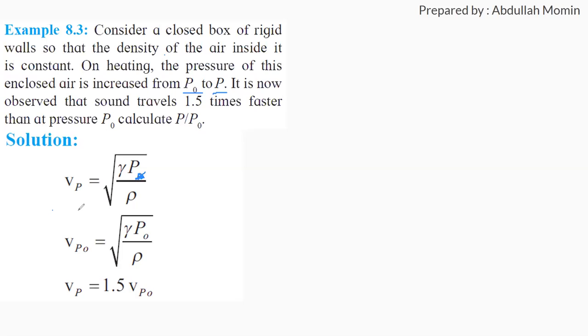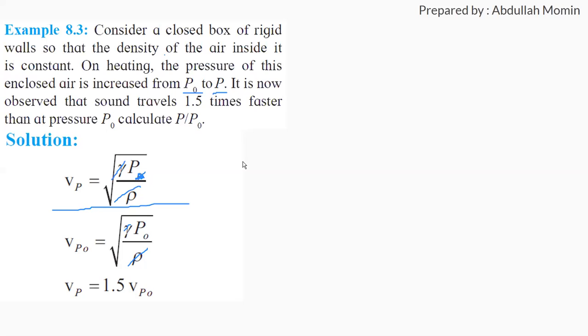Density will remain the same, but pressure has changed. And we know that V at P is equal to 1.5 times V at P naught, which means the velocity has increased. So we can write velocity at pressure P is equal to 1.5 times velocity at pressure P naught. So dividing these two equations, rho gets cancelled.